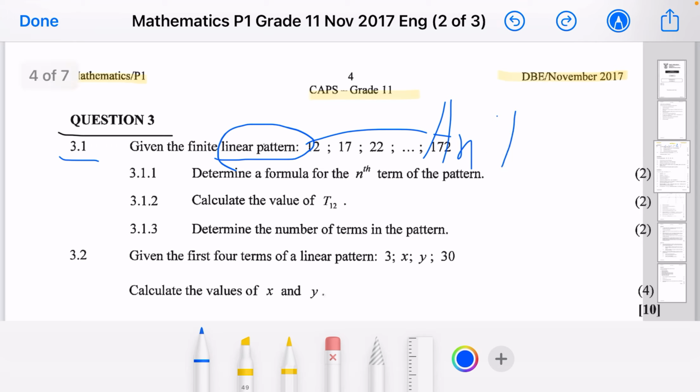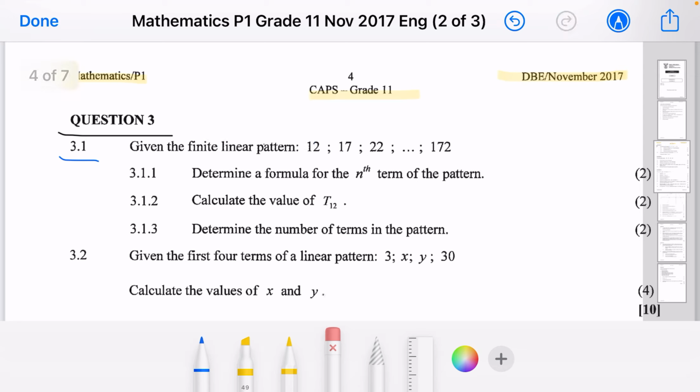We're given a type of pattern, which could be geometric. In other cases, you can still have a quadratic sequence, but in this case we're given a linear pattern, which we may also refer to as an arithmetic sequence.